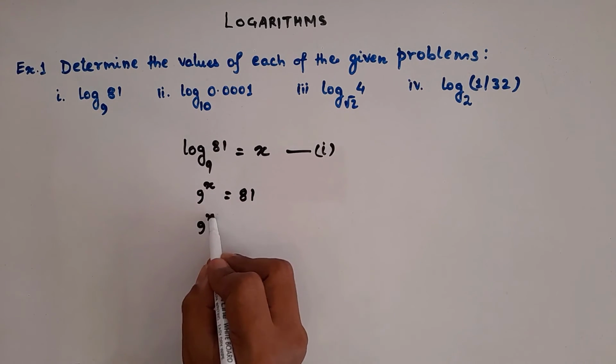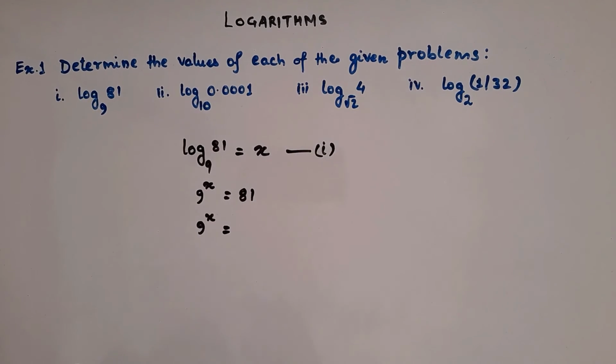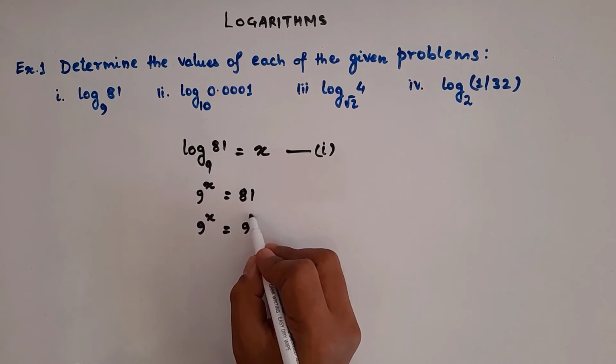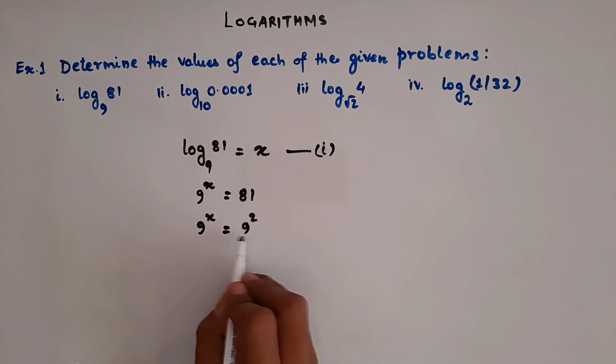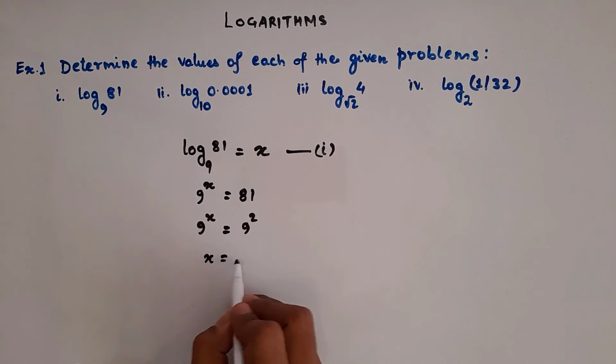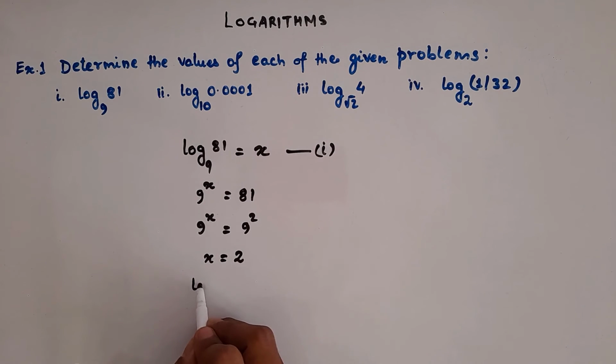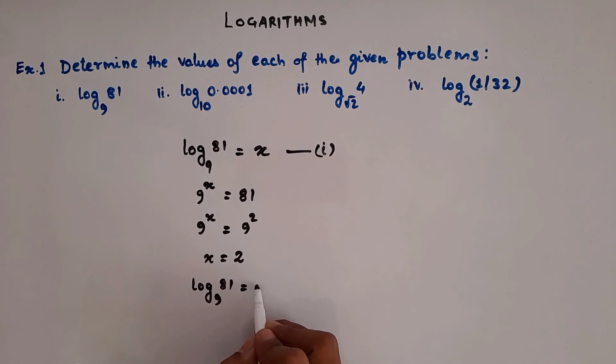Now we know that 9 multiplied by itself 2 times gives us 81. So 9 squared can be written in place of 81. If we equate both sides, that should give us x equals 2. And we can say that the logarithm of 81 to the base of 9 is equal to 2. So that's the answer. Let's go to the next problem.